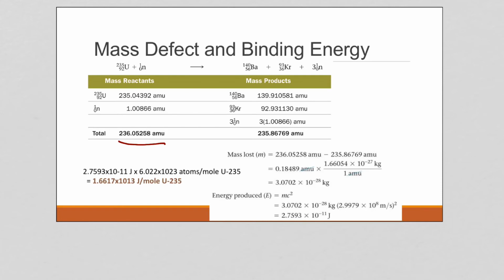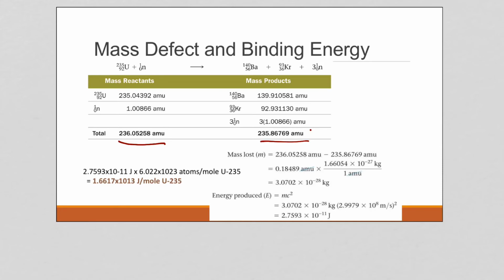If we look at our products, right? A barium-140 isotope has a mass of 139.910581 AMUs. We have a krypton-93, which has a mass of 92.93113 AMUs. And 3 neutrons, giving me a total product mass of 235.86769 AMUs.